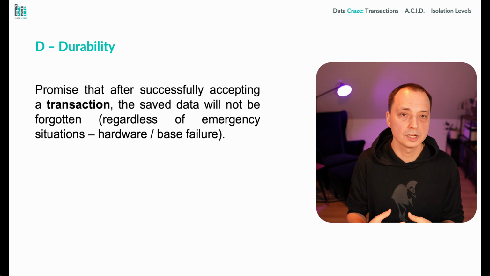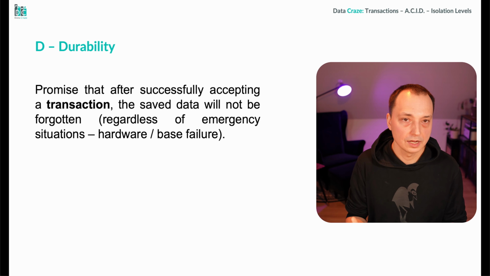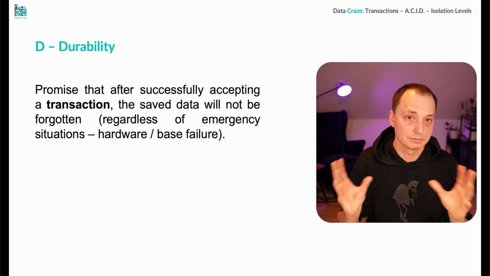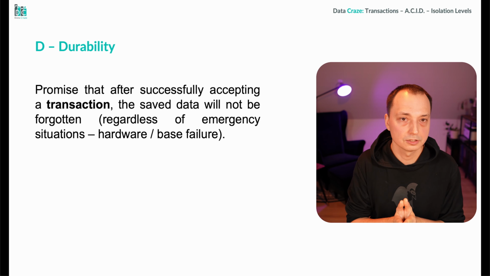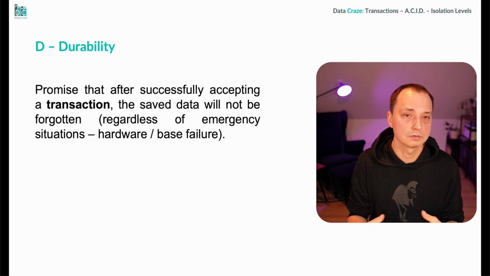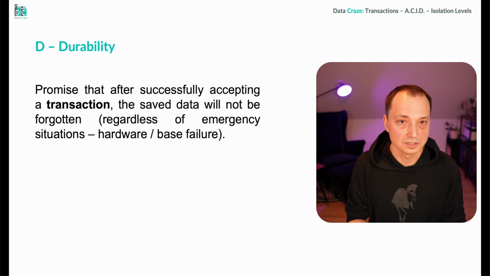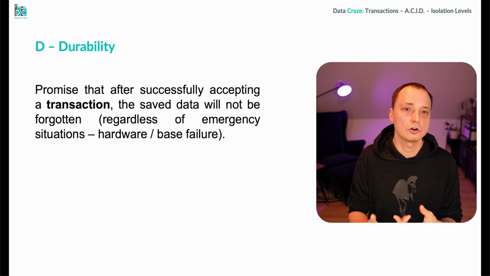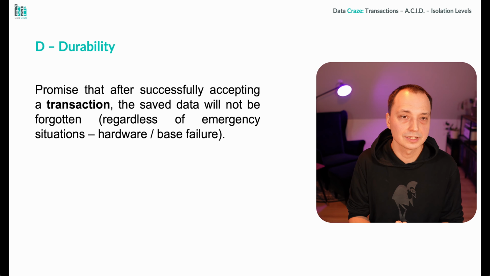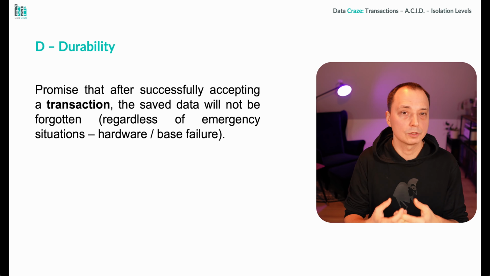It means that we are storing the data of our database structure, and something bad happens. The database is restarting. After the restart, we get back the same state as it was before the failure happened. And it's really important because otherwise we would constantly have problems with the state of the database not matching what we saved.